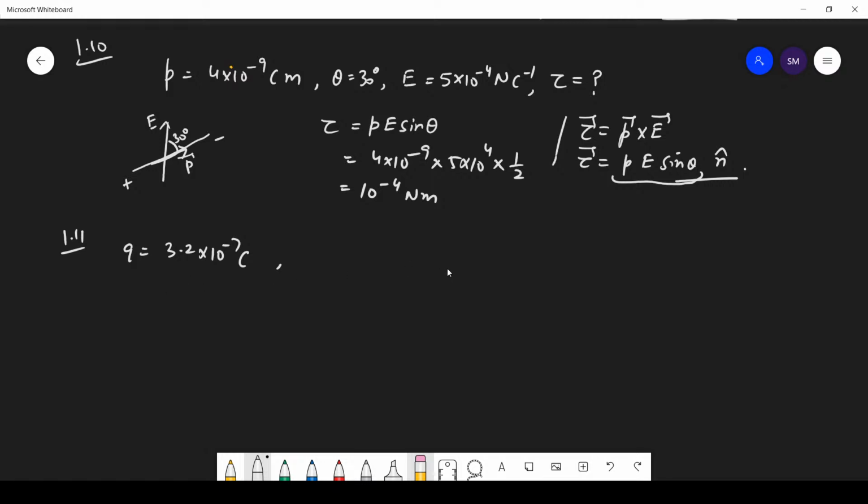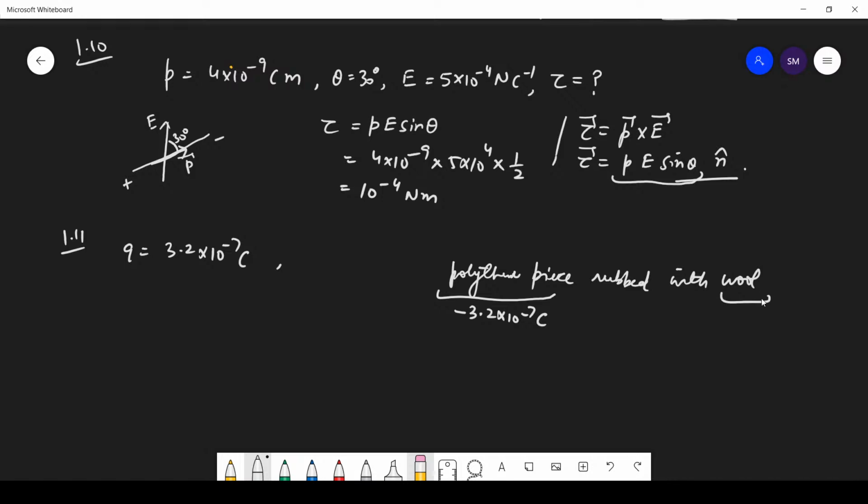So when a polythene piece is rubbed with wool, it is found to have a negative charge. So this polythene piece is found to have a negative charge of 3.2 × 10⁻⁷ coulomb.